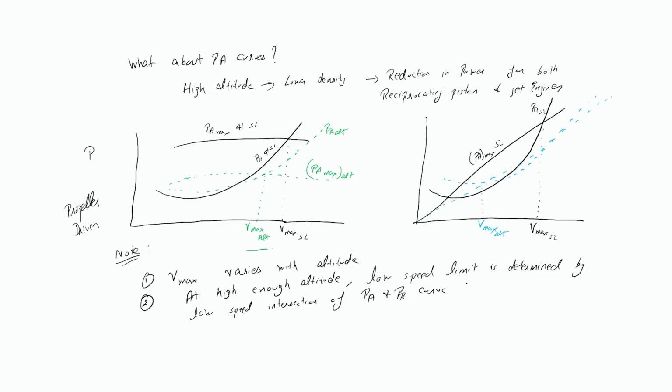So instead of V stall. Remember in the previous discussion we said that the low speed intersection of the thrust required and thrust available curve will not tell you the minimum speed with which it can fly, but that was at a lower altitude or at sea level. But if we are talking about high enough altitude, then your low speed limit will be determined by the low speed intersection of power available and power required curve.